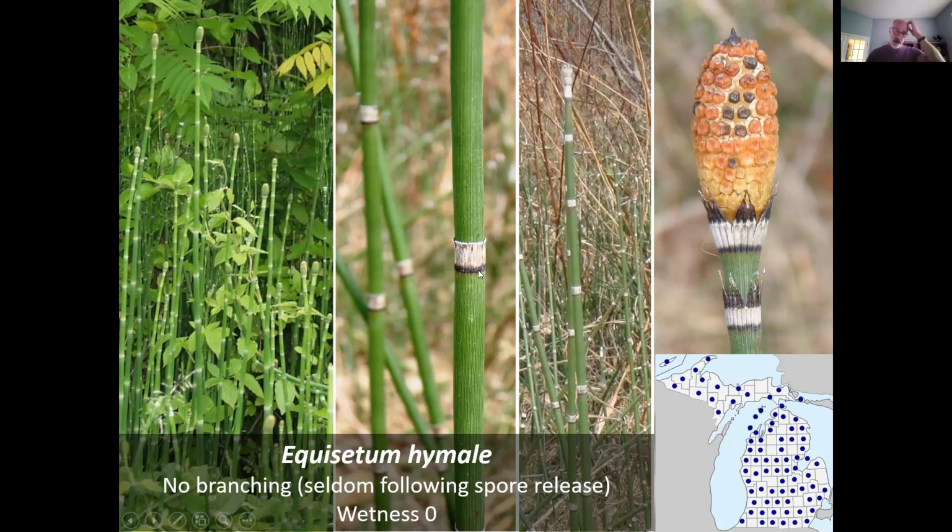Right here at this node, there's also an intercalary meristem, meaning that even if the apical meristem dies, this internode, from one node to the next, can lengthen because of the activity of the intercalary meristem that sits just above the node below. So these internodes will get longer and longer over time. Even if the tip has died, the stem can still get longer because it has that hidden meristem at each and every node.